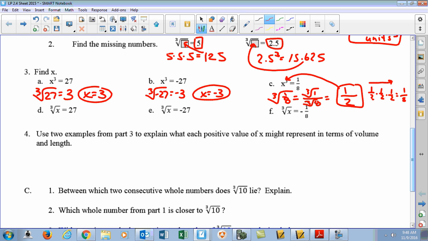So now, just like we had in investigation 2.2, where we talked about once we found numbers that were cubic roots, remember, now we're working backwards. So to find those x's in a, b, and c, we had to find the cubic root of those numbers to the right of the equal sign, to find the number that was missing for x. Well, now we have the root parts, in D and E and F, but we've got to find the number under the root.